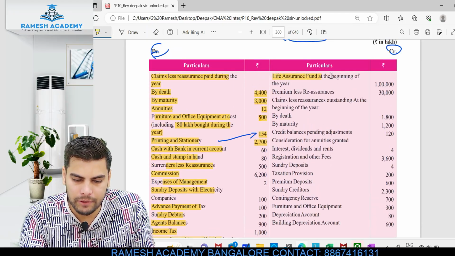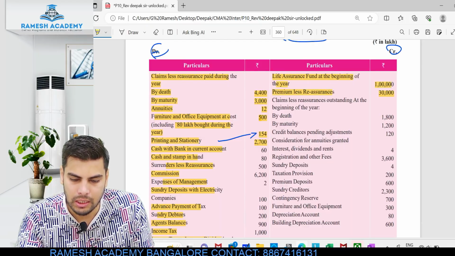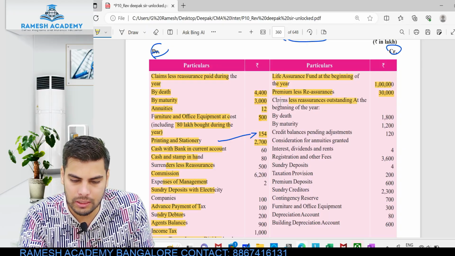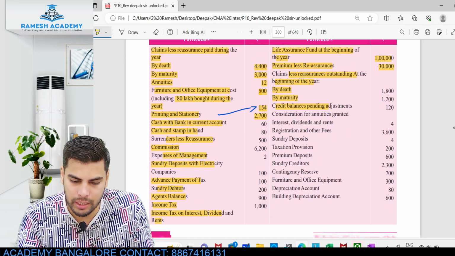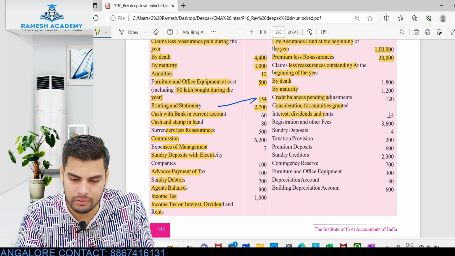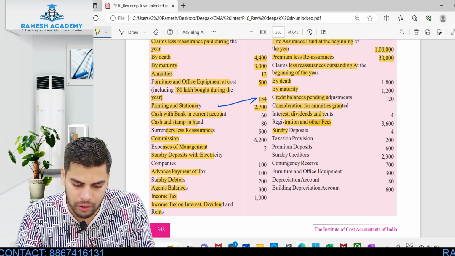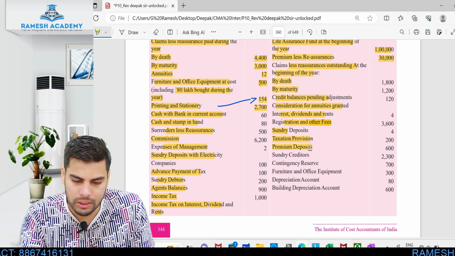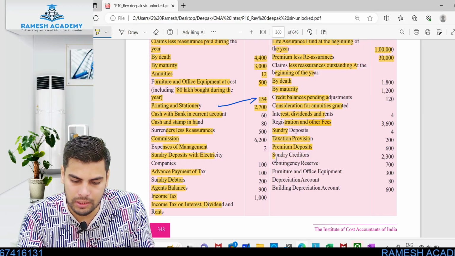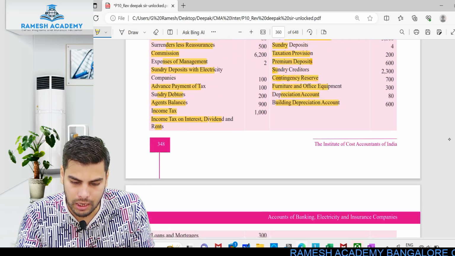Then we have got life assurance fund at the beginning of the year, which was 1 lakh, premium less reassurance 30,000, claims less reassurance outstanding at the beginning of the year by death, maturity and credit balance which is pending for adjustment, consideration for annuities granted, interest, dividend and rent, registration and other fees being given. We have got sundry deposits, tax provision has been given, premium deposit has been given, sundry creditors, contingency reserve, furniture and office equipment depreciation. Building depreciation account has been given.